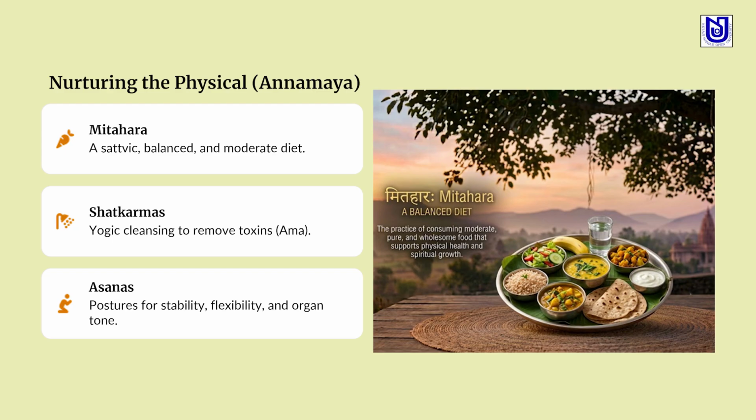And tamasic, which are stale, heavy or overprocessed foods which dulls our awareness. This diet or balanced food is essential for nurturing the Annamaya. Through sattvic foods such as fresh fruit, vegetables, whole grains and milk, we can have a clear, steady and contentment effect on the mind.